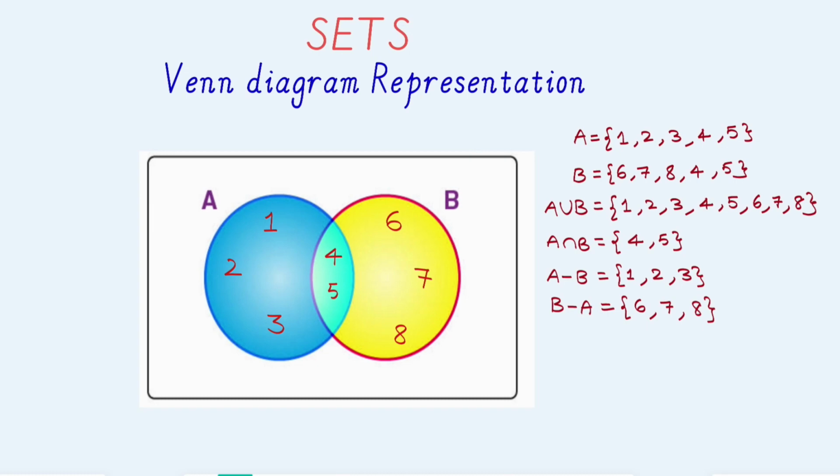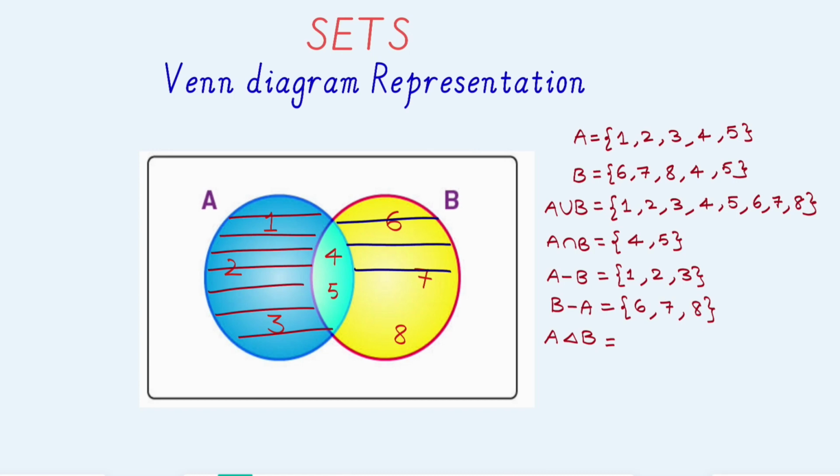Now one more important operation is also there, that is called the symmetric difference of A and B. We denote the symmetric difference of A and B in this way: A delta B. We read it as A delta B. How can we find A delta B? The elements of A delta B are the elements of A minus B, meaning only this region you have to take, and the elements of B minus A, only this region, together.